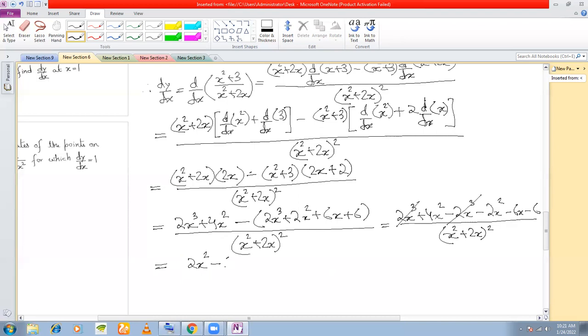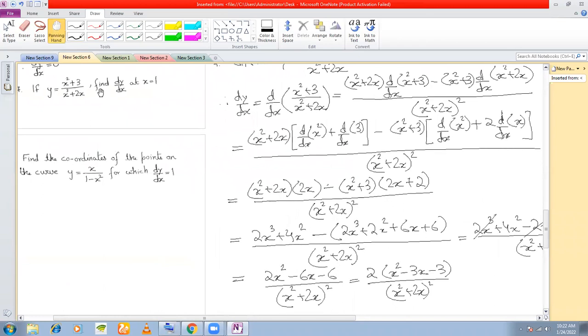And write minus 6x as it is, and you have a minus 6 divided by x square plus 2x square. Now you can also take 2 common to write this as x square minus 3x minus 3 divided by x square plus 2x square. This is the value of dy dx.